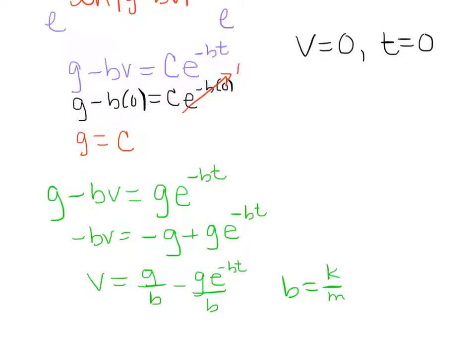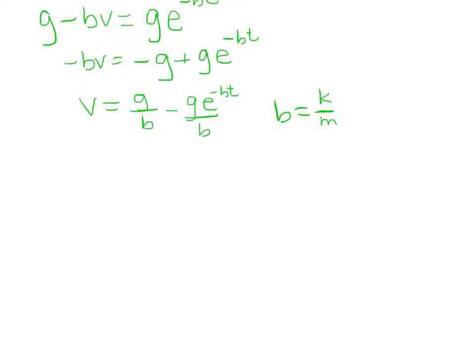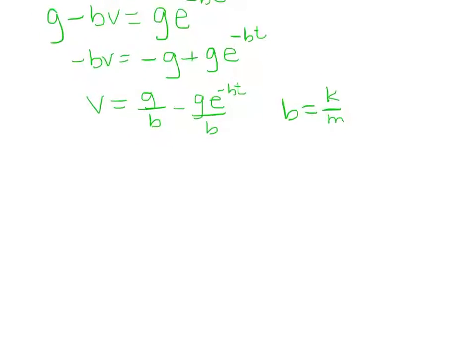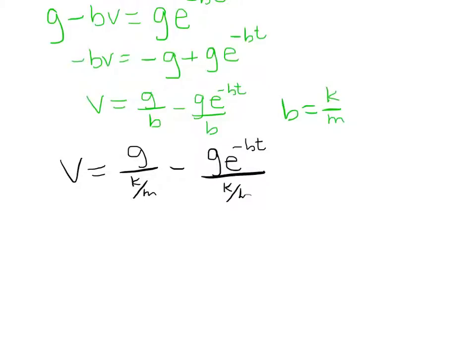So when I plug that into my equation, we end up with v equal to g divided by k divided by m, minus g e to the negative bt divided by k divided by m. Now when I divide a fraction by another fraction, I can really multiply by the reciprocal.